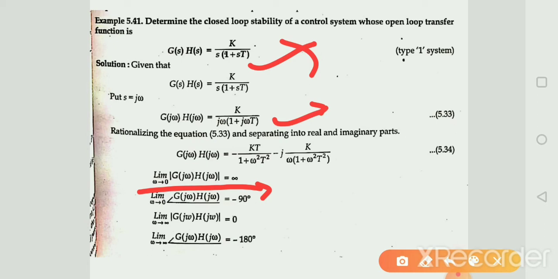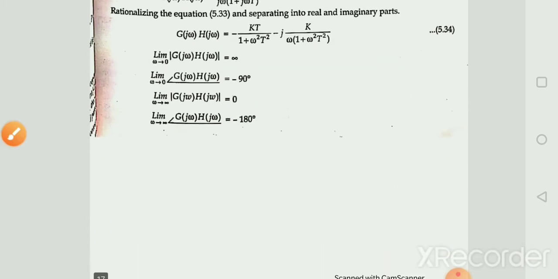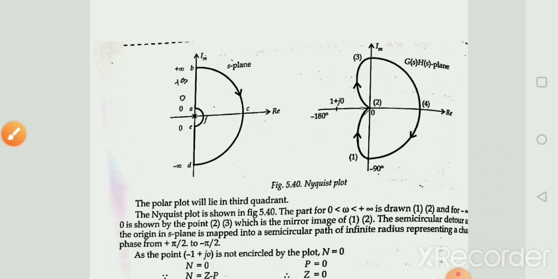And for omega tends to infinity, our magnitude is 0 and our angle is minus 180. So at minus 90 our magnitude is infinite, and at minus 180 our magnitude is 0.